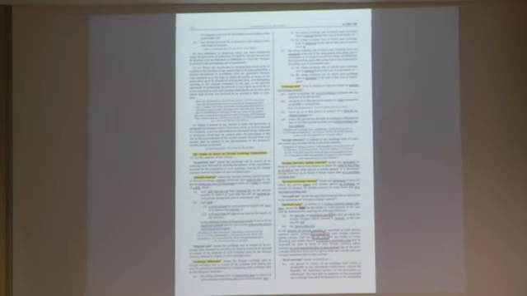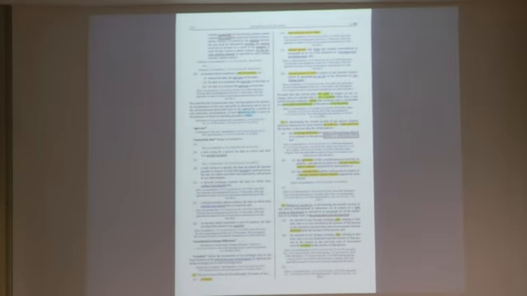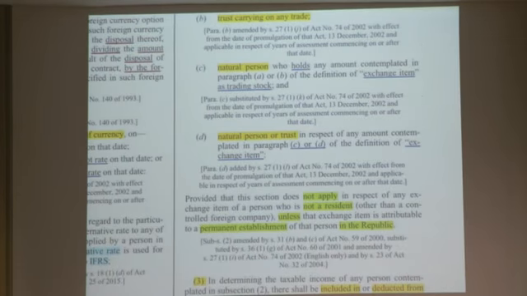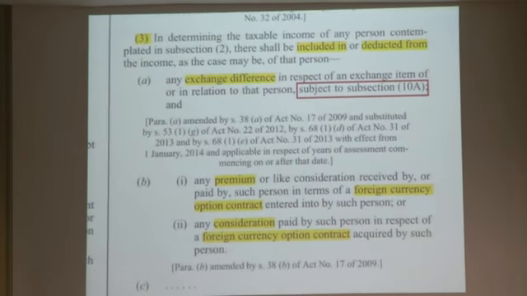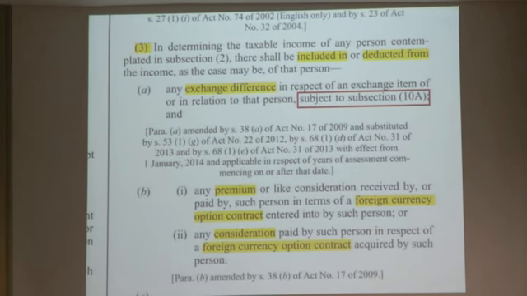Okay, so let's go to number 3. That's what you do with these rules. So sub 2 said who we're going to apply it to, and then sub 3 says, with all the rules that I'm going to show you now, what do you do with it? It says, in determining the taxable income of a person contemplated in subsection 2, so the ones that we've just covered, they shall be included in or deducted from the income as the case may be.